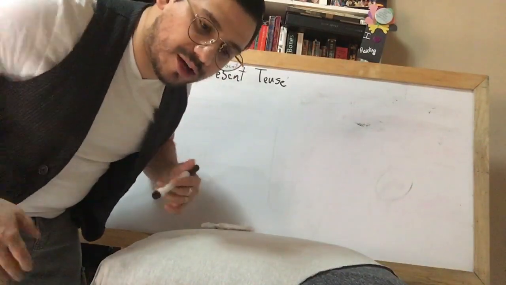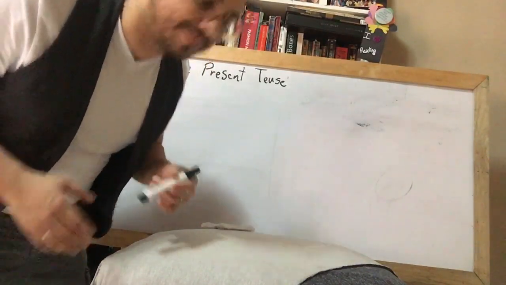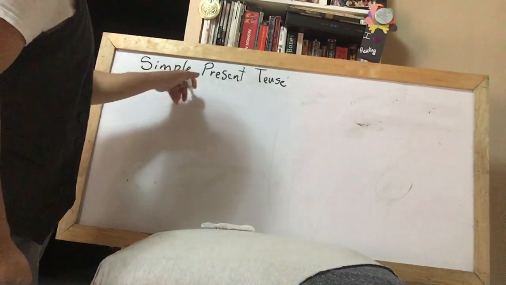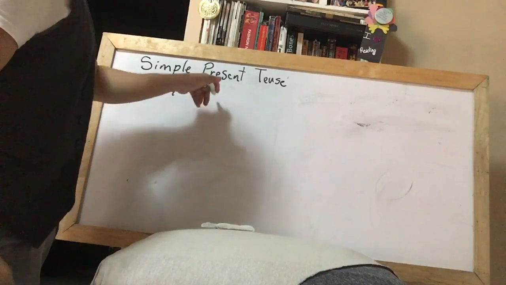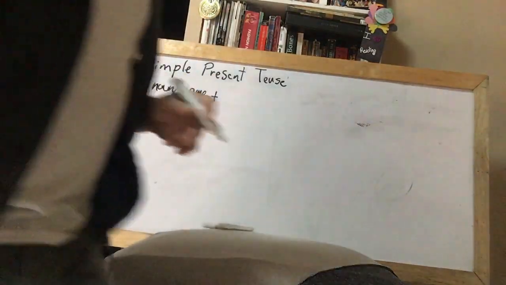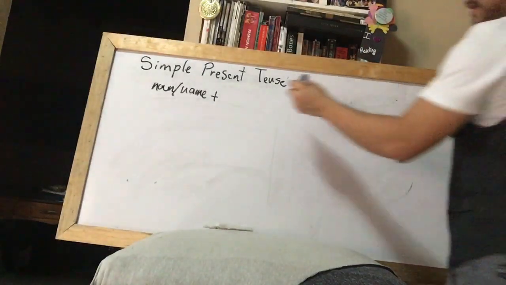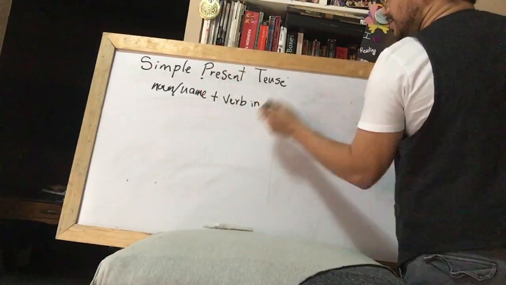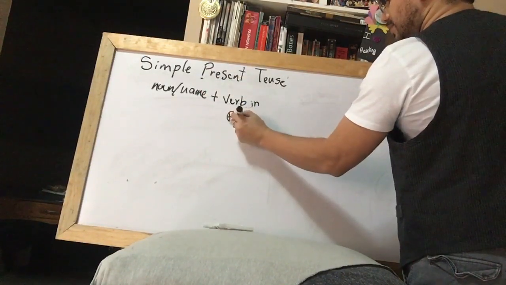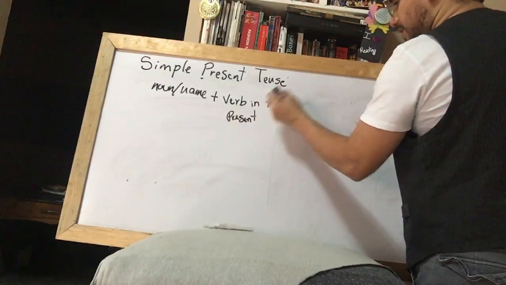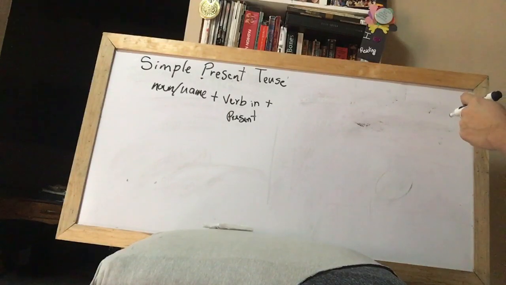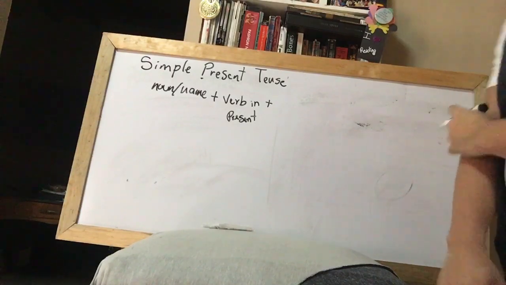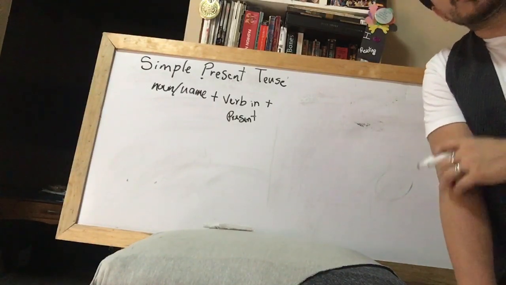So for this one, we are going to start as always with a noun or a name, plus a verb. Now remember that this verb is going to be in present, plus, you can write in there a complement if you want, but as you can remember in the list, I give you specific instructions.